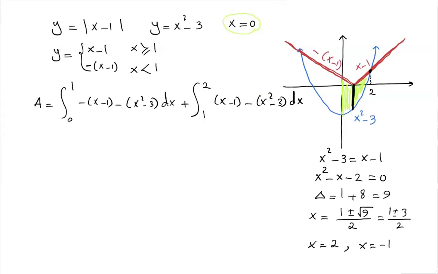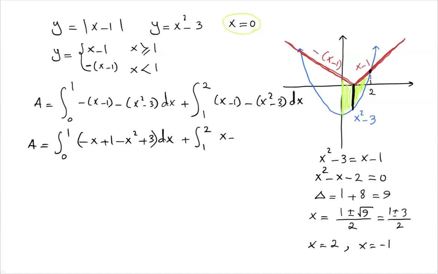So A is equal to the definite integral from 0 to 1. Let's distribute the negative into the parentheses: x minus 1 minus x squared plus 3 dx. The same here, plus the definite integral from 1 to 2 of x minus 1 minus x squared plus 3 dx.